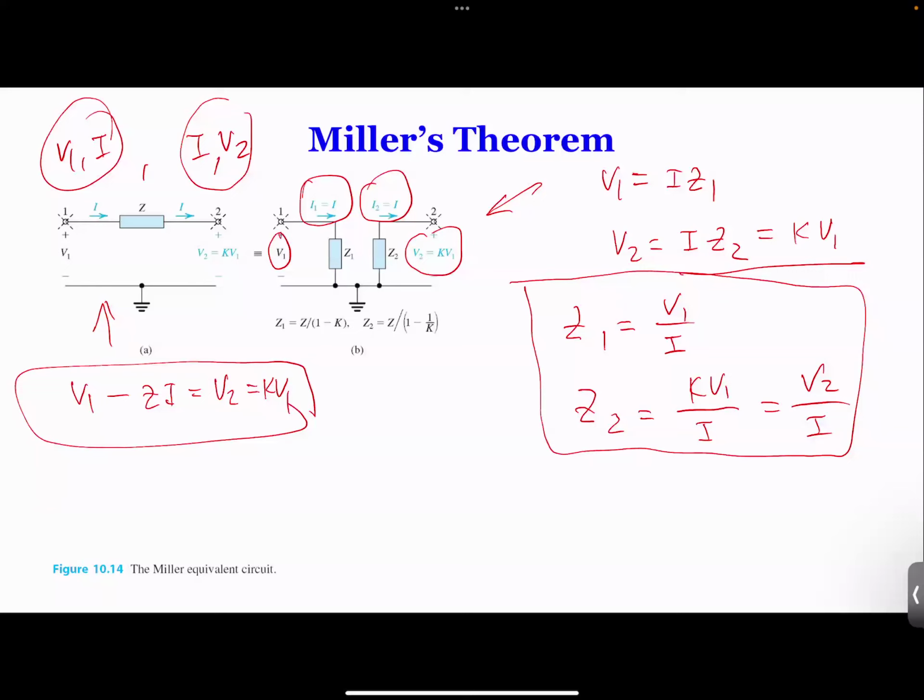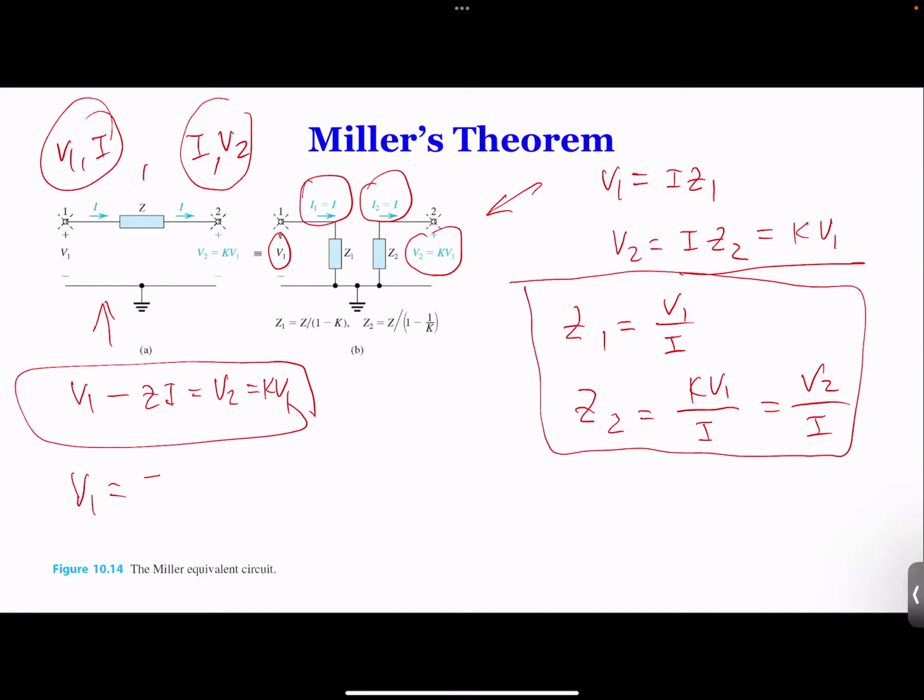We also have in the first circuit this equation: V1 minus Z times I equals K times V1.